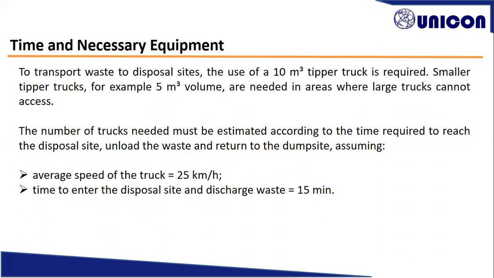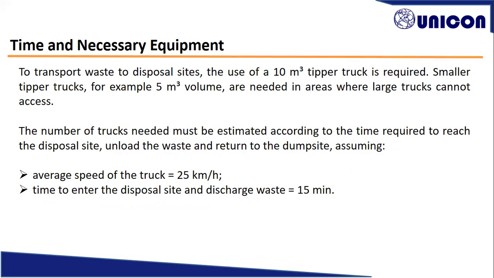Then, to transport waste to disposal sites, the use of a 10 cubic meter tipper truck is required. However, if, for example, large trucks cannot access some areas because there are narrow roads, or for other reasons, smaller tipper trucks can be needed, for example, with a volume of 5 cubic meter.